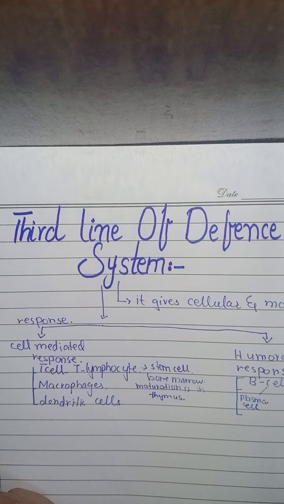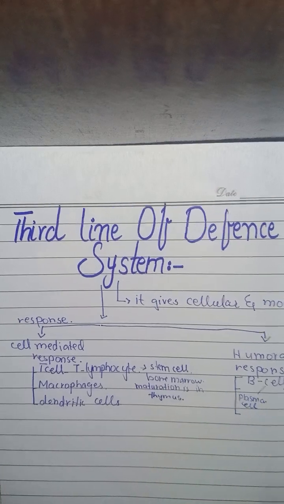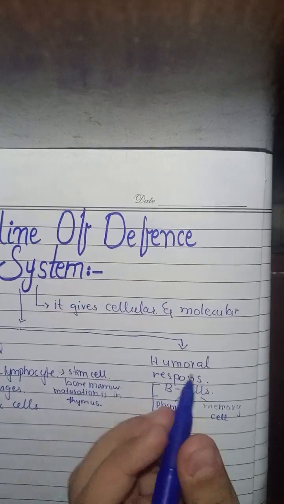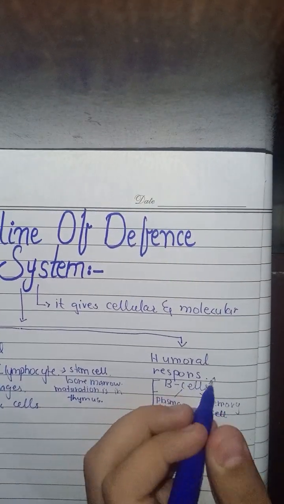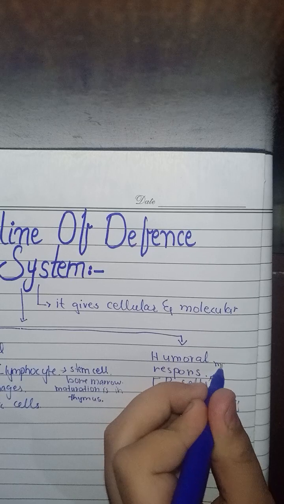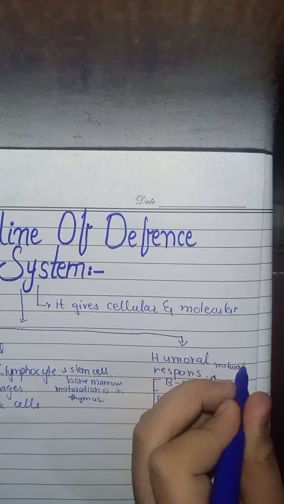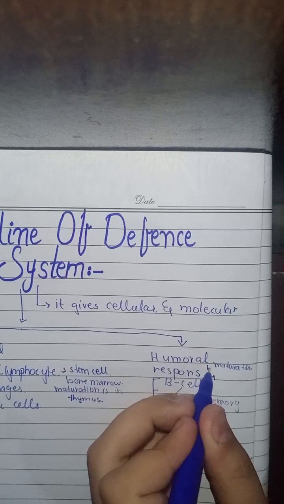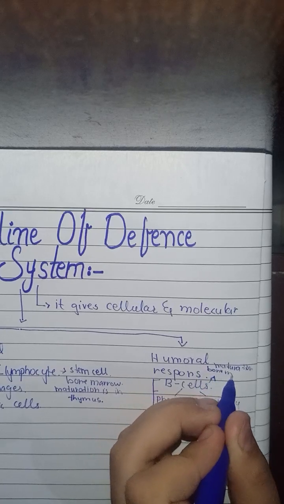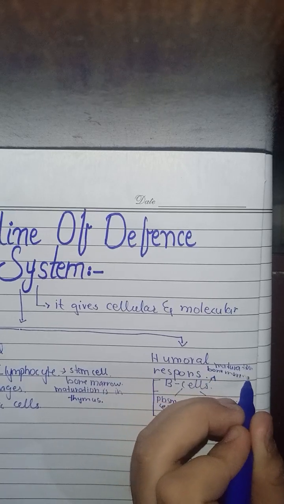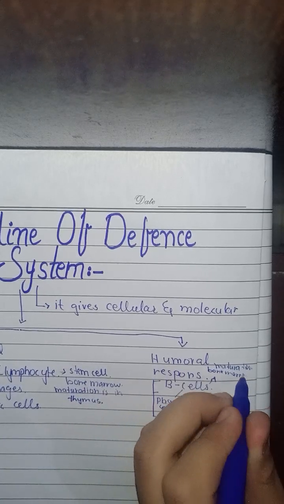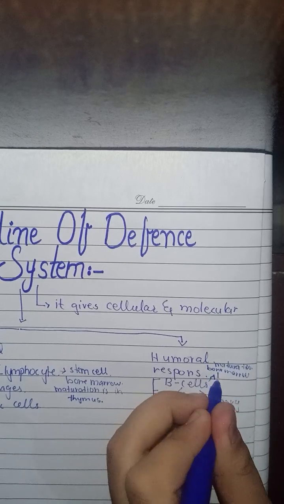Okay, so talking about the B cell, the B cells' maturation is done in the bone marrow. But there is a specific region in the bird, that is the bursa of birds.